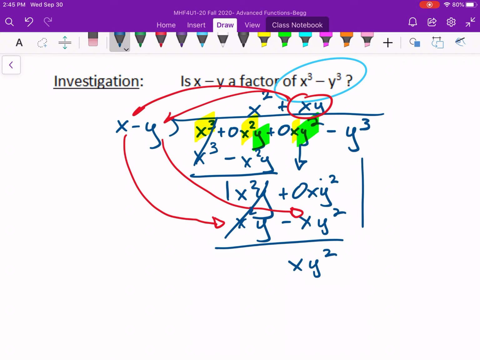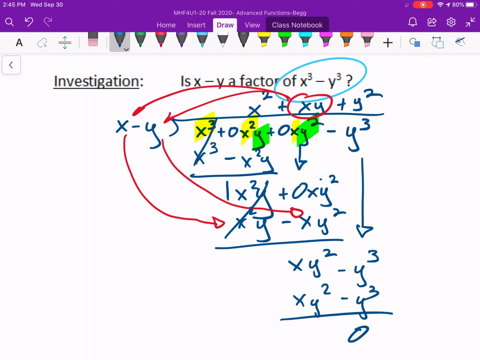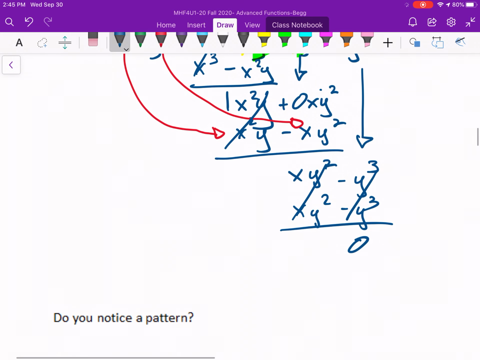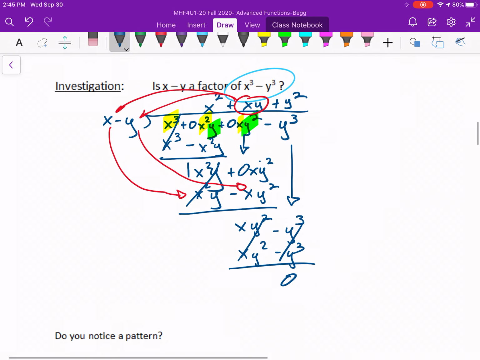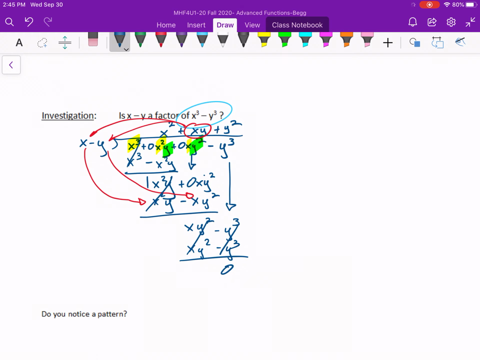And then one more time, I'll bring down negative y cubed. And when I divide, I'm going to be getting plus y squared here. And then when I multiply, I'll get xy squared minus y cubed. And both of these cancel out, giving me 0, my remainder of 0. So x minus y is a factor because we got a remainder of 0.